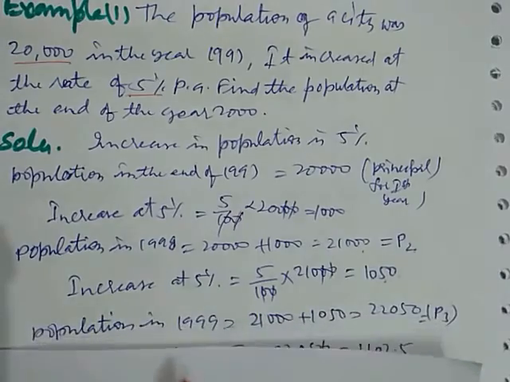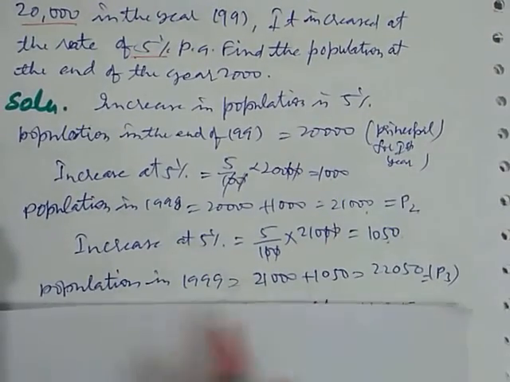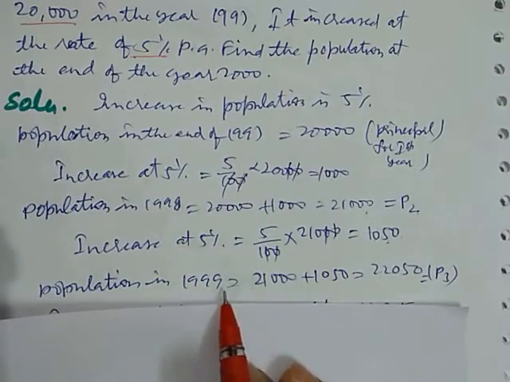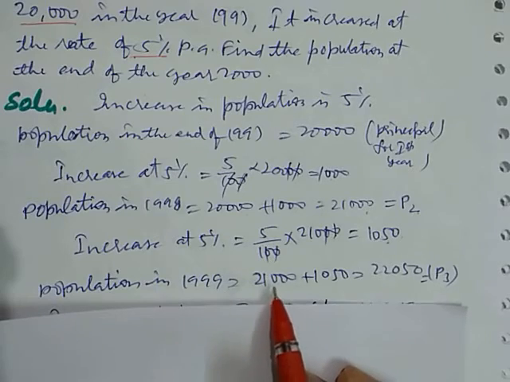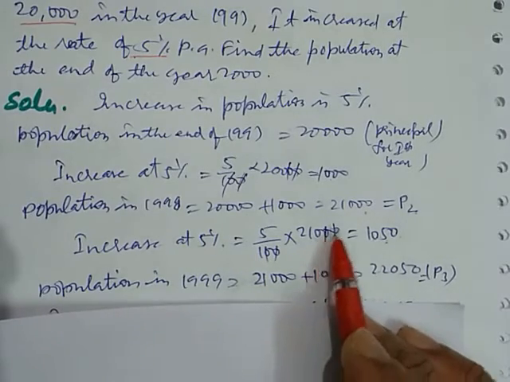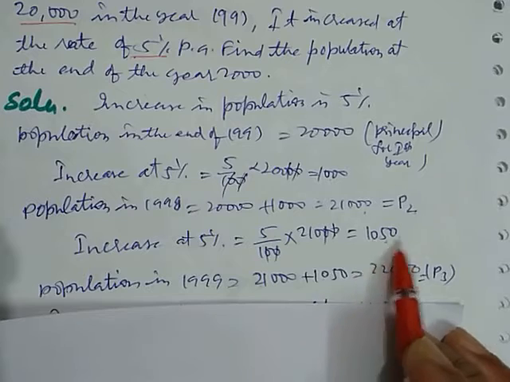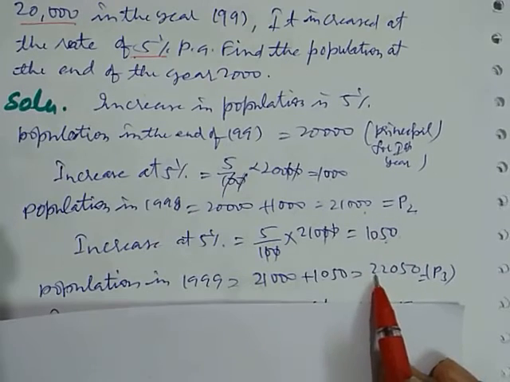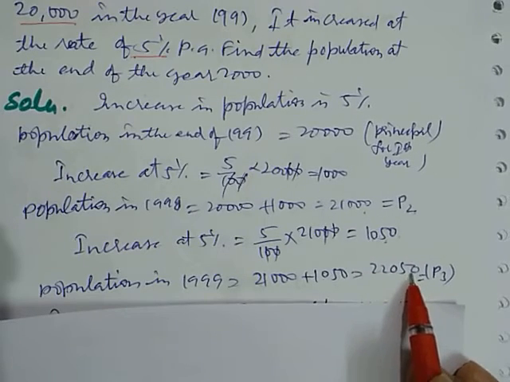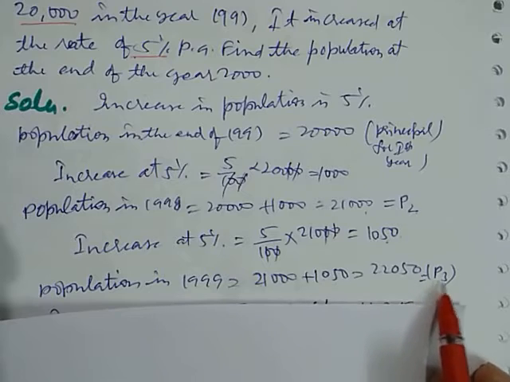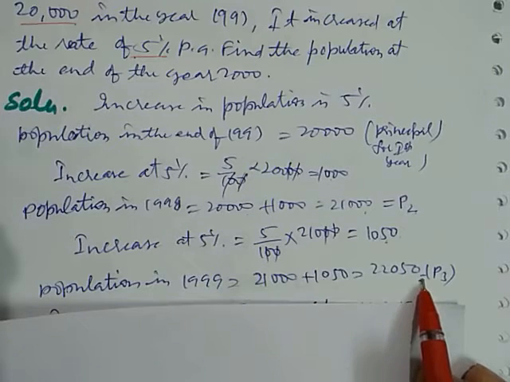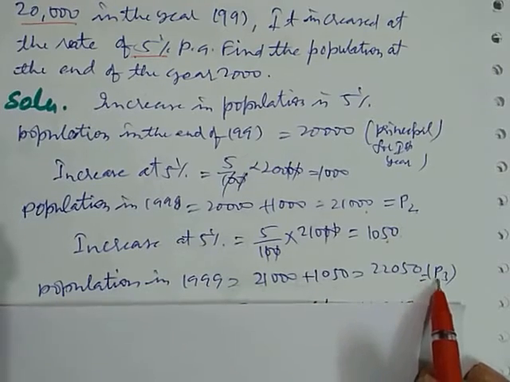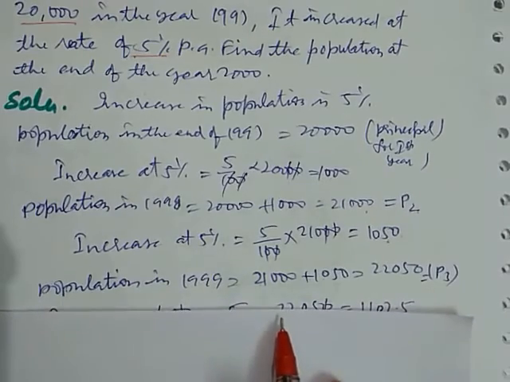Now population in 1999 is this 21,000 plus this 1050. So we get 22,050. Now this becomes P3, principal for the third year.